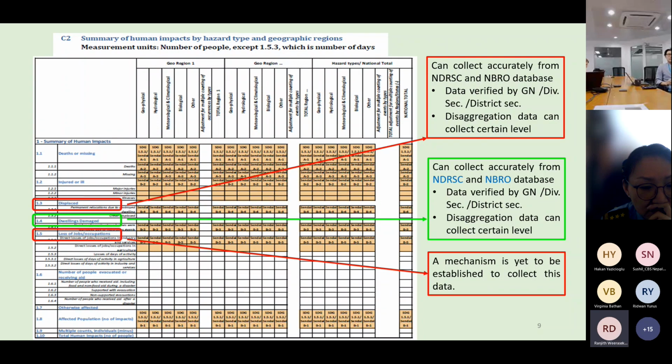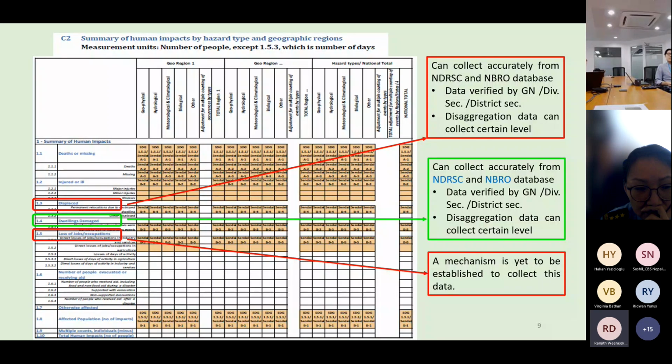Yeah, and displaced population can be collected accurately from the NDRSC and NBRO, National Building Research Organization database. This data is also verified at the Grama Niladhari level, Divisional Secretariat level, and the District Secretary level.